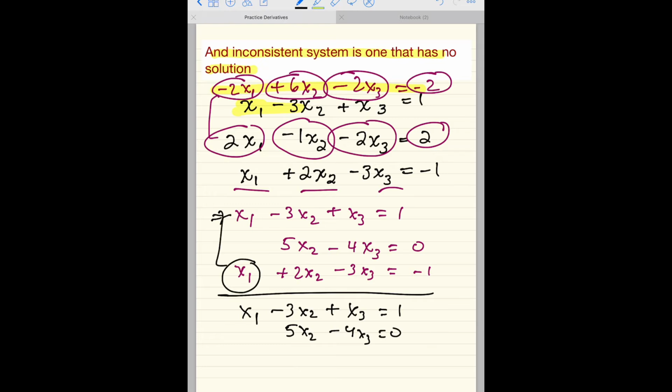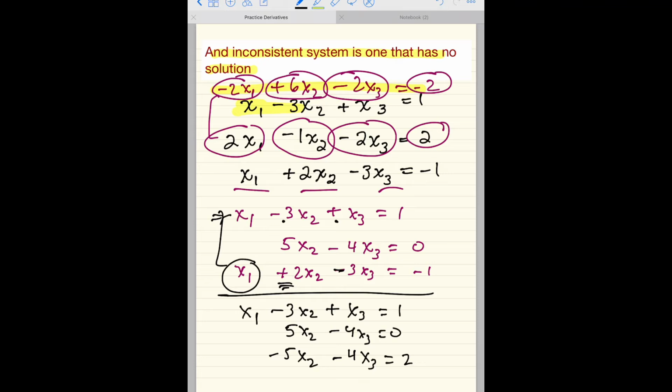I'm just going to subtract, so this minus this disappears. -3x2 minus 2 makes -5x2. And then -x3 minus 3 is going to make -4. And then 1 minus -1 makes 2.